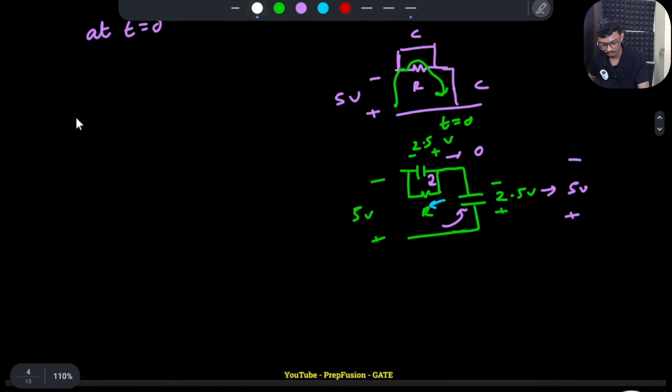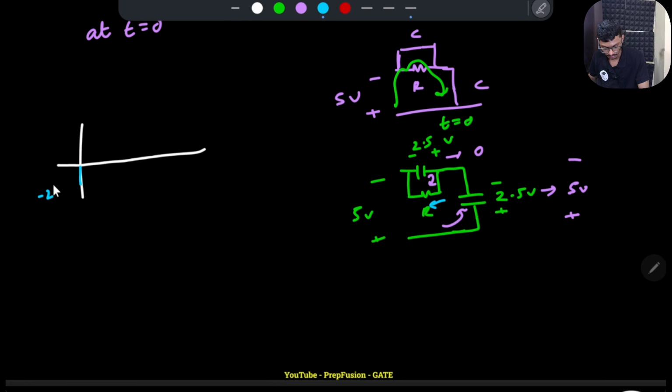What will happen if I plot the waveform? Instantly it will go to -2.5 volts, then it will try to go to -5, and it will reach -5 very quickly, because I have enough time.